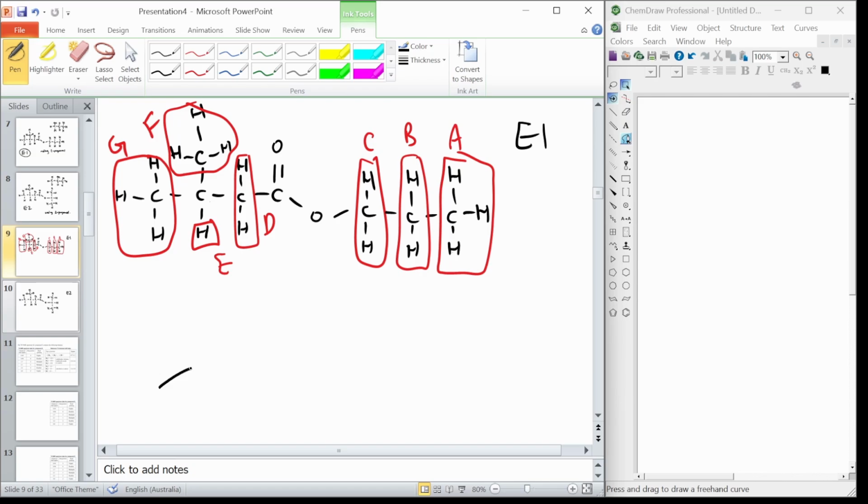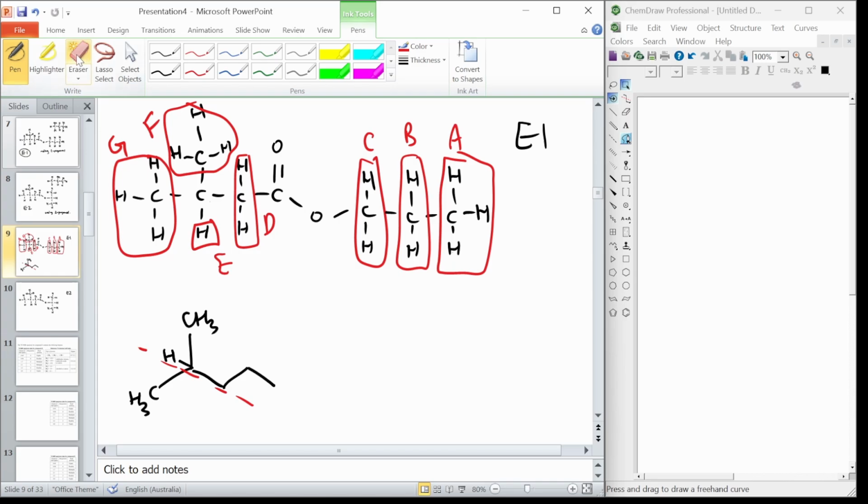So this is how we draw the condensed version. Okay, so if we draw the condensed version, you can see that if I put a series of dashed lines over it, the CH3 labelled F and the CH3 labelled G are the same.